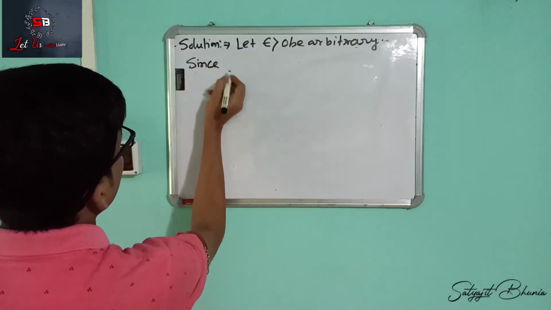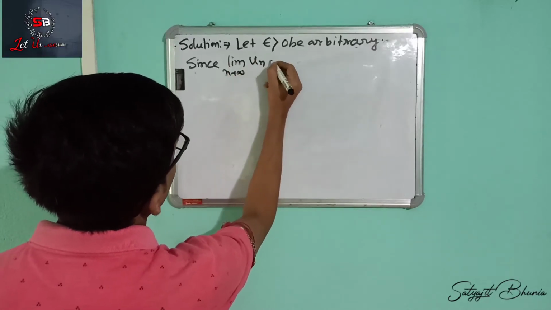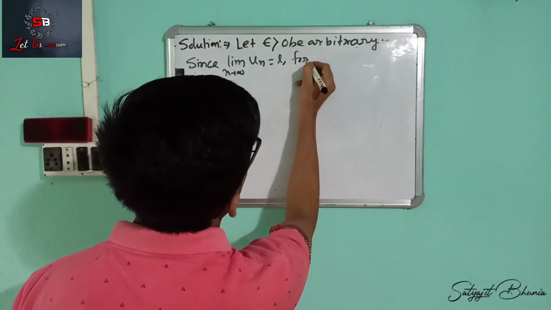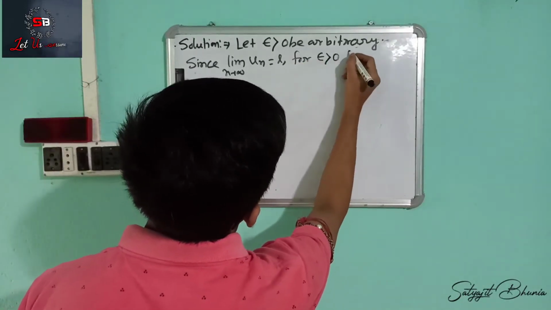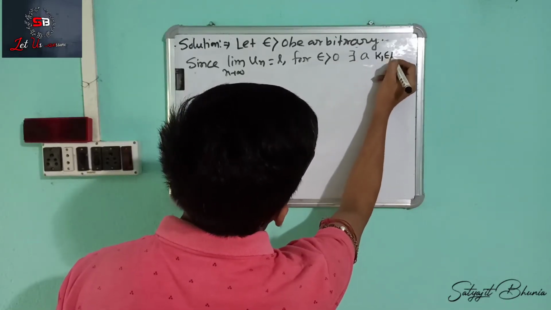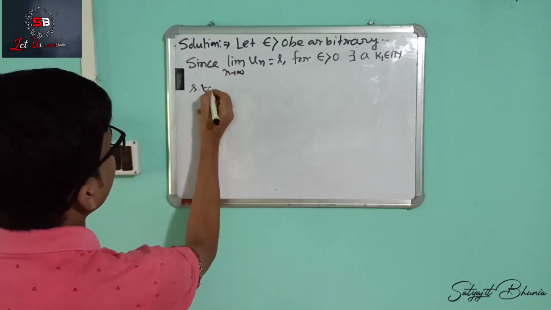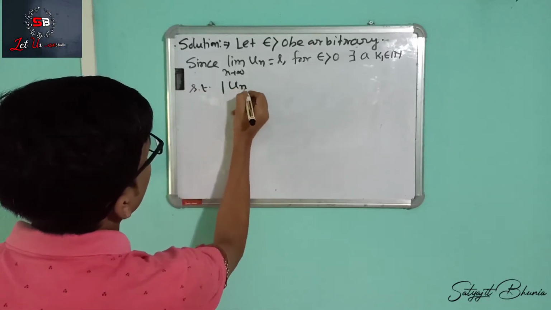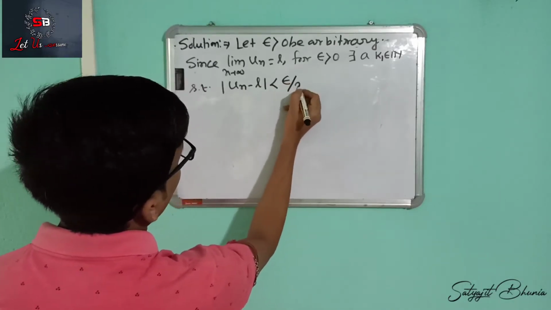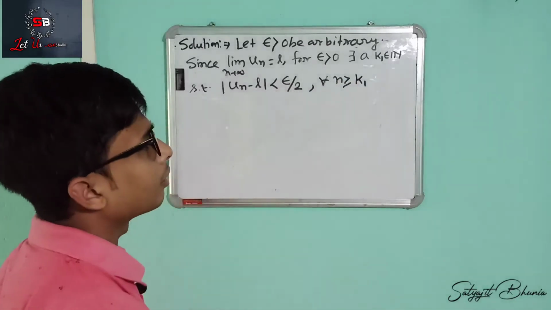Since limit of un is equal to l, for epsilon greater than 0 there exists a k1 belonging to N, that is, k1 is a natural number, such that mod of un minus l is less than epsilon by 2 for all n greater than or equal to k1.